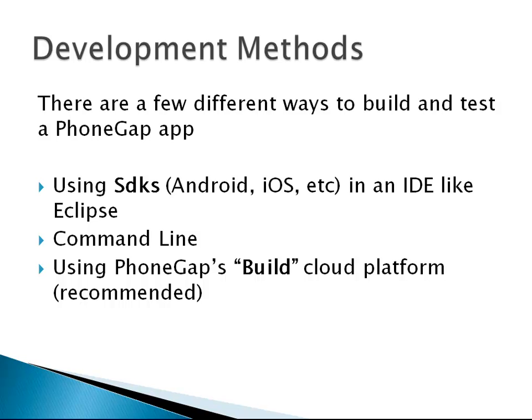The best way to do this is to use PhoneGap's build service or platform, and this is actually recommended by PhoneGap. So pretty much we sign up on build.phonegap.com, and all we have to do is upload our HTML, JavaScript, and CSS, and then it'll give us a link to download the actual app for each platform.